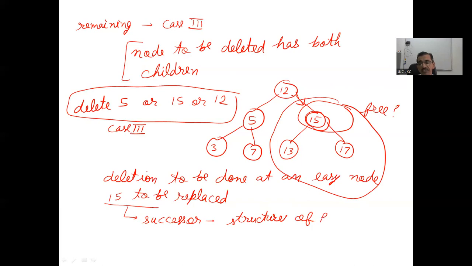The structure of BST will remain undisturbed, and that is the way it will become easy. So if I have to do that, I can easily say that this 15 will be replaced by a successor. What does that mean? Say this was a 12. Here I have 15.